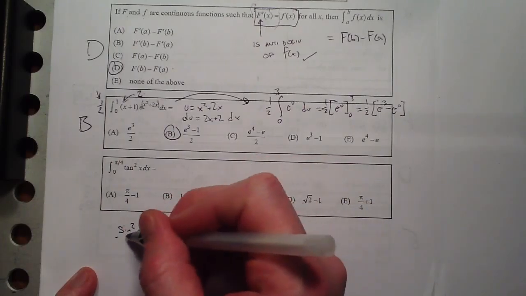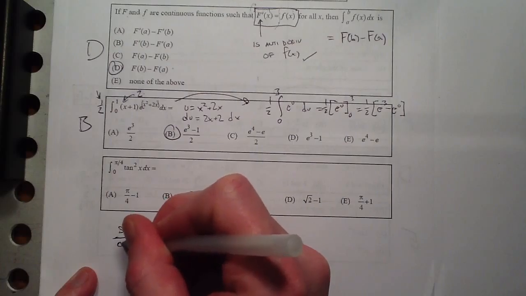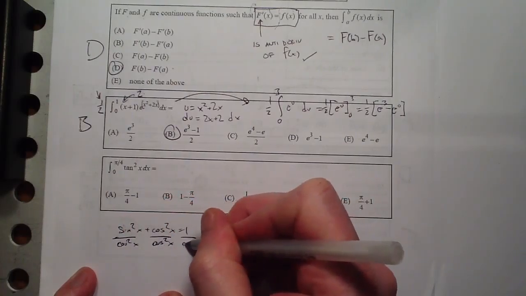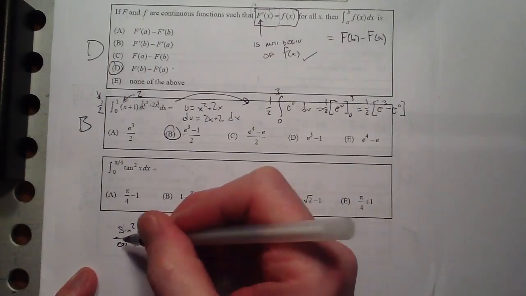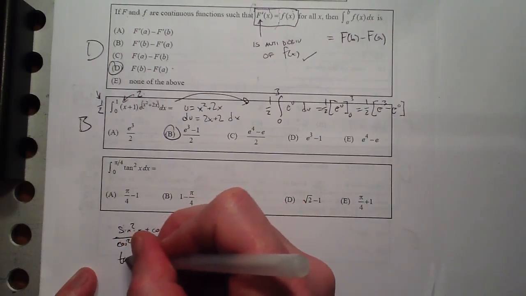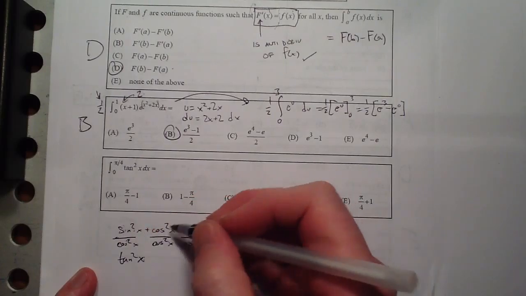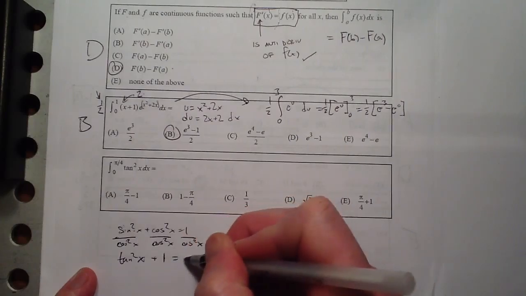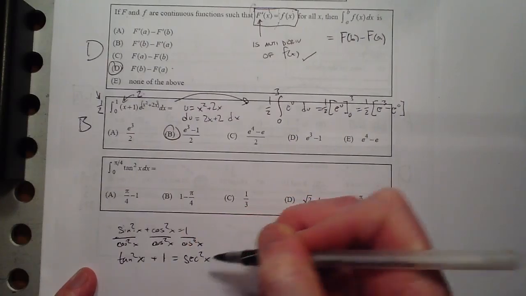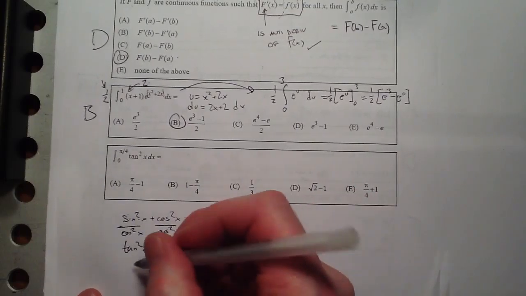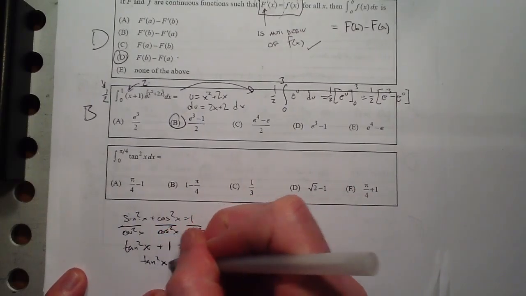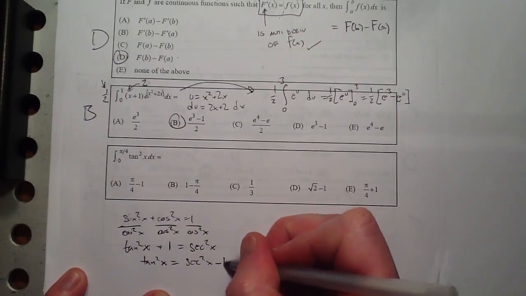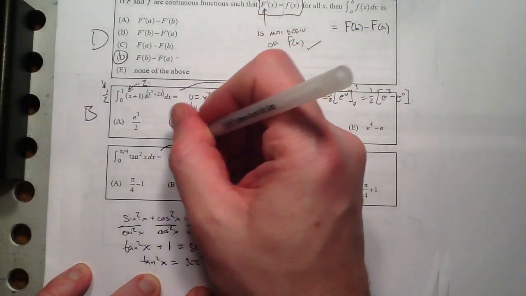But if you divide everything by cosine squared, you get another version, which says sine squared over cosine squared is tangent squared x, plus cosine squared over cosine squared, so that's 1, is equal to secant squared x, which means that tangent squared x is equal to secant squared x minus 1. That's what's going to do it for us here.